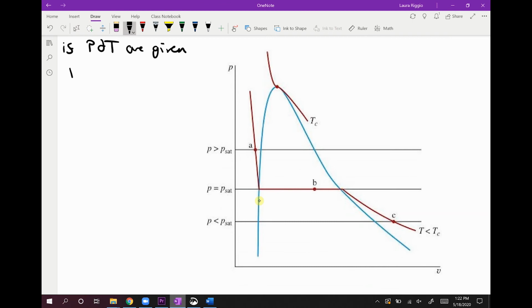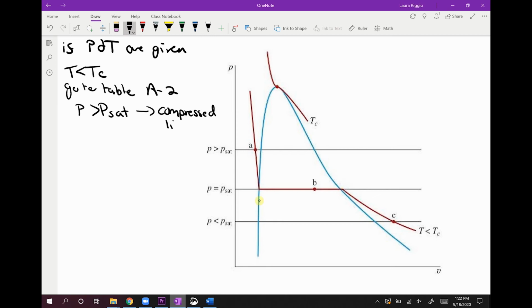Well, if my temperature is less than my critical temperature, I'm going to go to table A2, and I'm going to look up and see if my pressure that I'm given is greater than my saturation pressure. If my pressure is greater than my saturation pressure, I'm a compressed liquid.